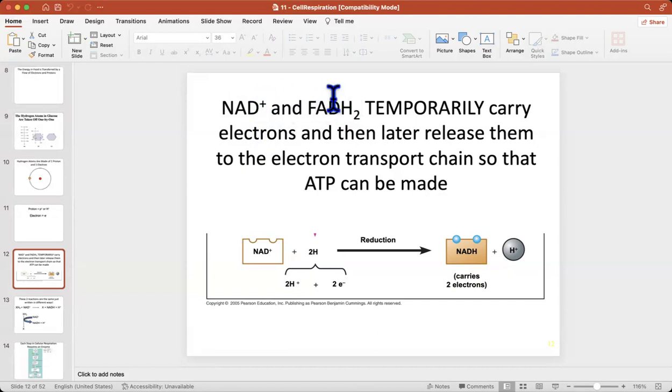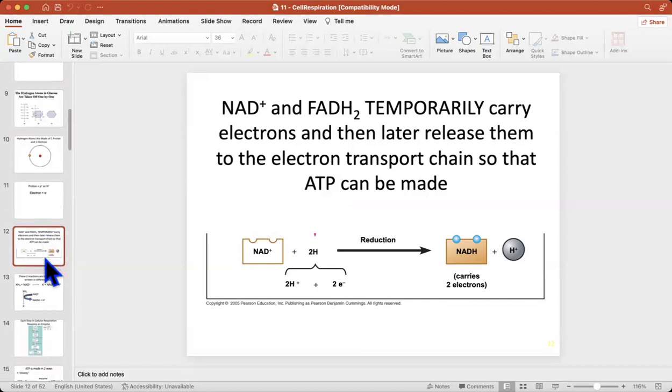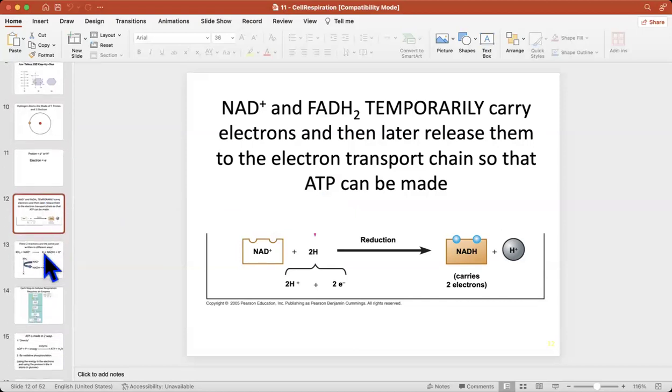These two, we treat them the same. It's like they're both trucks. It's like one is a Toyota Tacoma, the other is a Ford 150. Their job is the same. They just carry electrons. So NAD plus or NADH, we just treat them the same. In the first few steps, you will see them, and their job is as electron carrier.